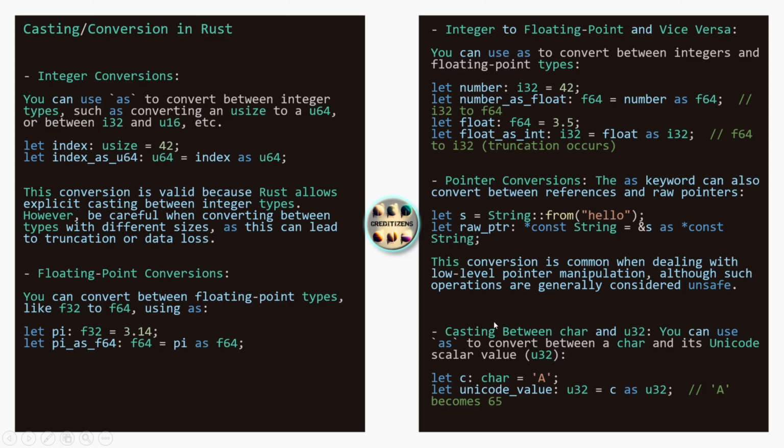So this conversion is common when dealing with low-level pointer manipulation, although such operations are generally considered unsafe. And casting between characters and u32, so you can use as to convert between characters and their Unicode scalar value, u32. So you can do that also, here 'A' becomes 65.